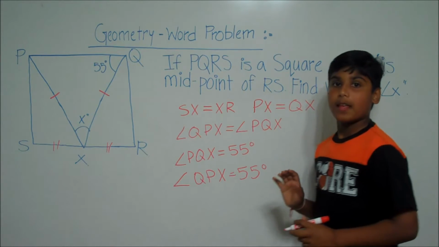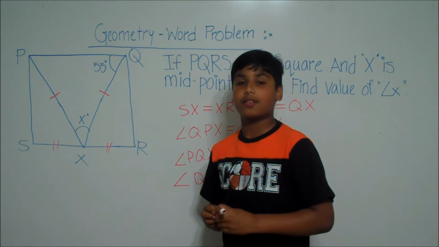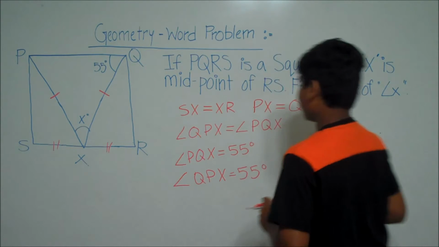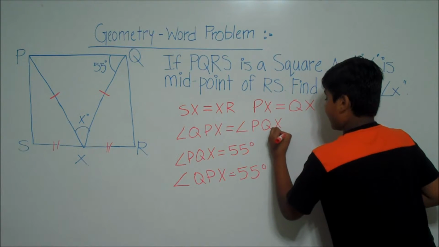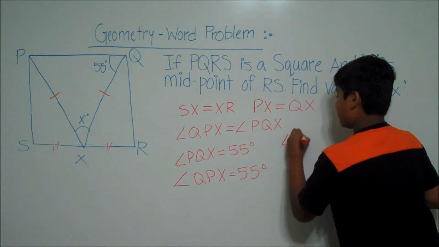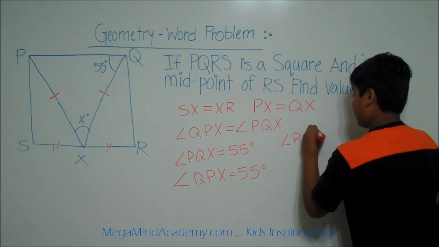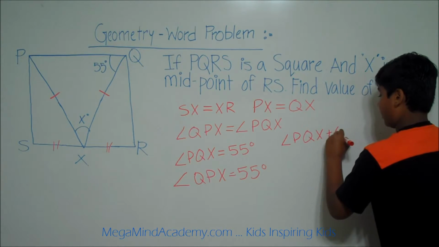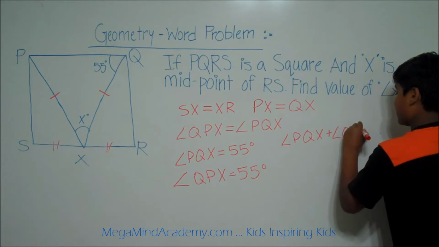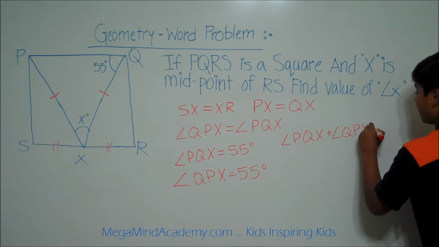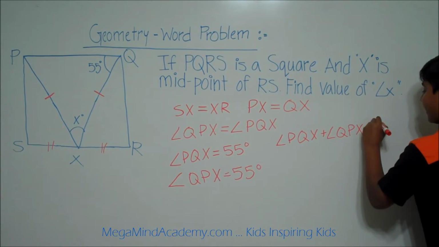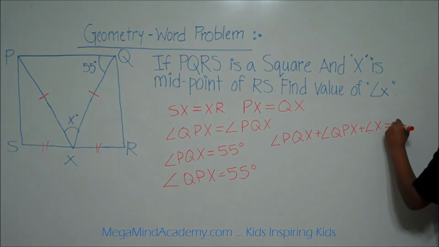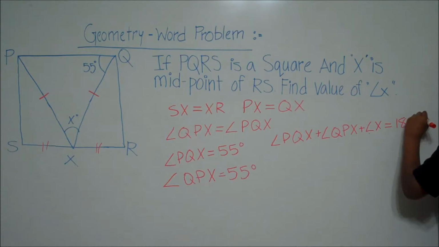So we know that the interior angles of any triangle add up to 180 degrees. So that means that angle PQX plus angle QPX plus angle X is equal to 180 degrees.